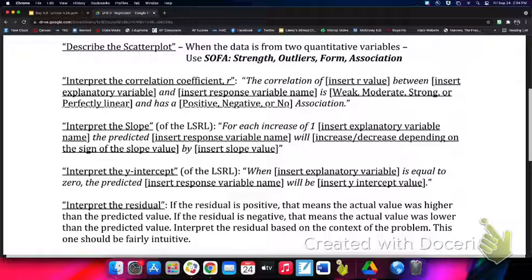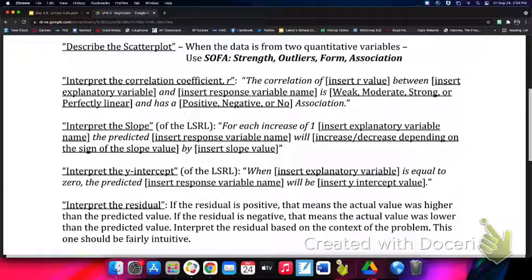The correlation of negative 0.632 between, here you put in the explanatory variable. For the example the other day, it would be height. And then you put in the response variable, the y variable, steps per inch, is, and then you would say, what is it?